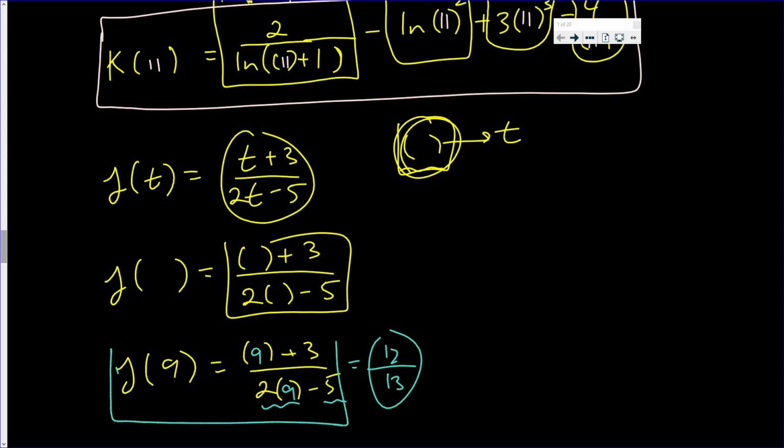This was not math. Going from the top line to this line was not math. Instead of writing t that way, I wrote brackets that way. That's all I did from the first line to the second line. And since they put 9 in the brackets, okay, I'll put 9 in the brackets.